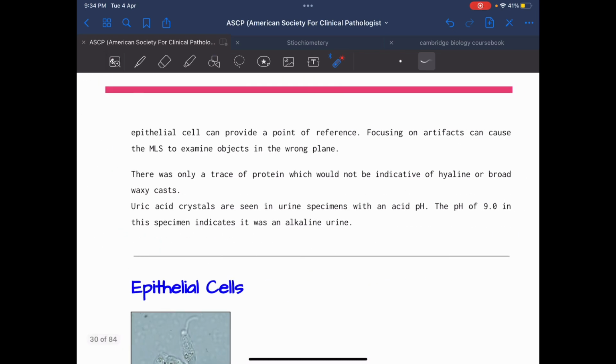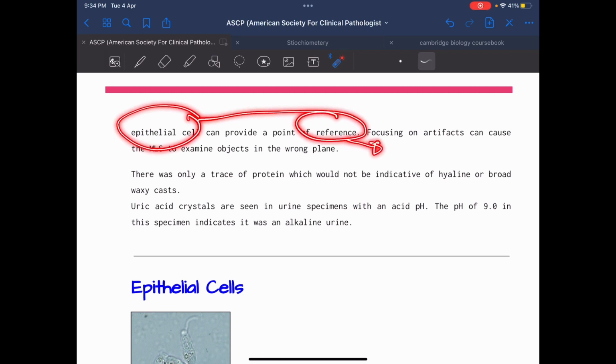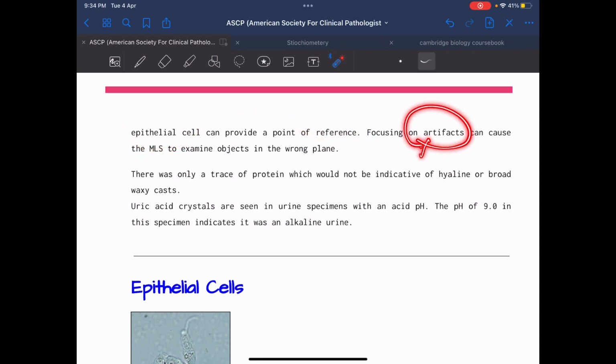Often, epithelial cells can provide a point of reference. Focusing on artifacts can cause the staff to examine objects in the wrong plane. So always focus on the epithelial cells, take them as a reference, and then examine the rest of the field. Don't focus on artifacts. This is the wrong plane to examine.